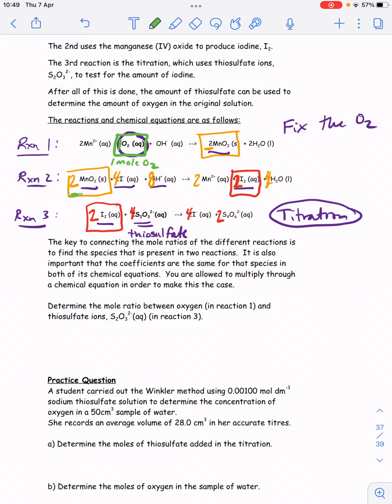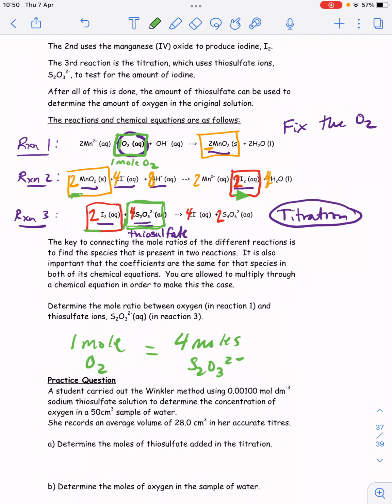I take those MnO2 down here. 2 moles of MnO2 makes 2 moles of I2. And 2 moles of I2 reacts with 4 moles of thiosulfate. So in the end, the ratio between O2, the thing I'm trying to figure out, and thiosulfate, the thing I'm adding in the titration, is 4 moles of thiosulfate.